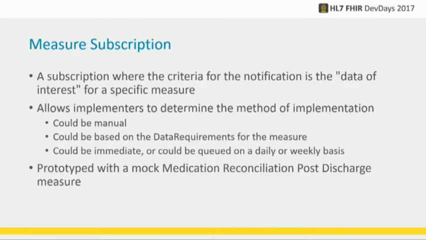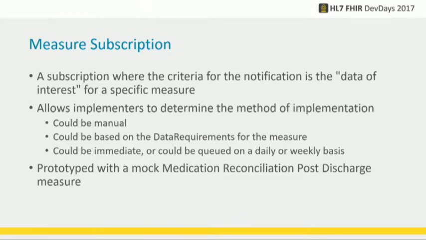And then measure subscription. So can we use the definitions of measures to actually listen for changes in that set? It's a subscription where the criteria for the notification is all the data requirements for that measure. By defining this in terms of a measure, by saying what I'm subscribing to is the measure, we're actually allowing the implementers of that system to decide how they want to return that.